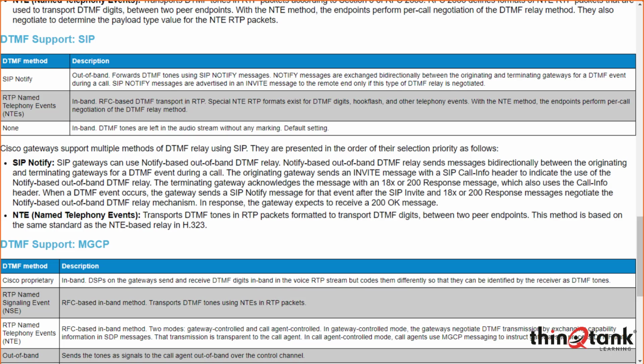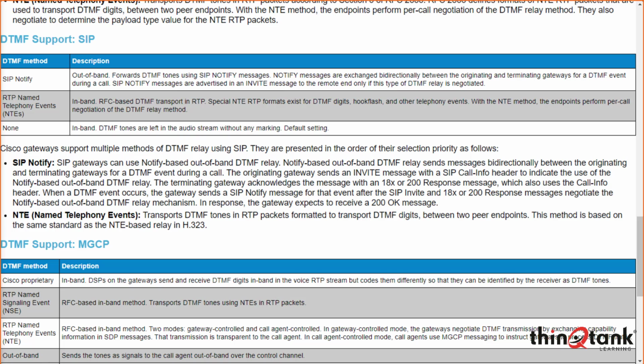We have SIP notify, where we use the SIP notify messages out of band to relay the messages that represent those DTMF events during the call. We send an invite message with a SIP call info header to indicate that we're going to use that notify-based out-of-band DTMF relay option.